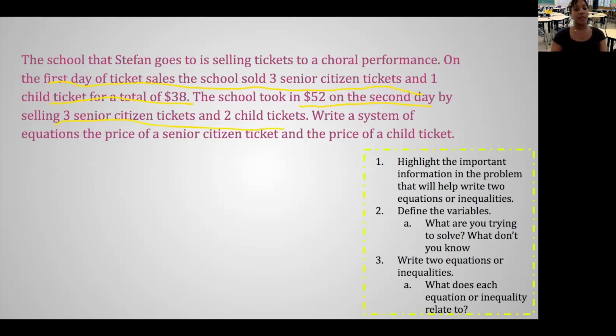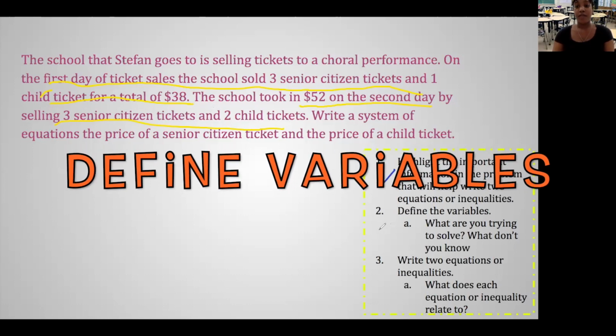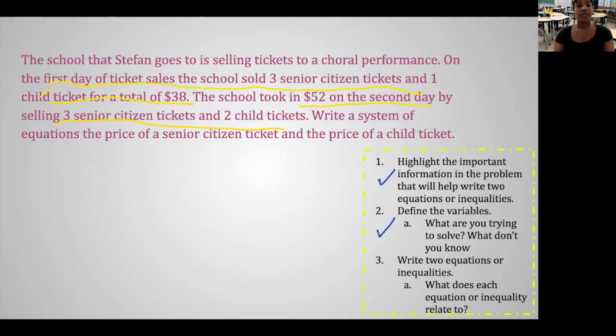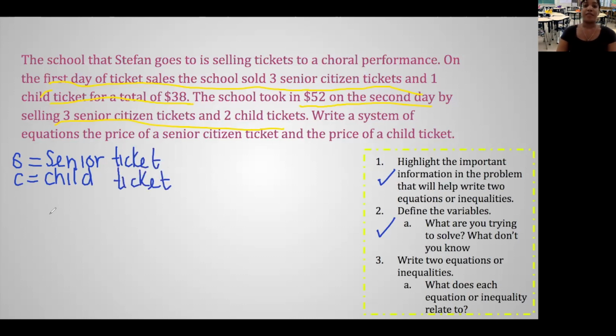And now we write a system. So the first thing that we're going to do is just define our variables. We're looking for senior tickets and child tickets, right? So senior starts with an S, so let's just use S for senior, and C for child. 3 senior citizen tickets were sold on the first day.